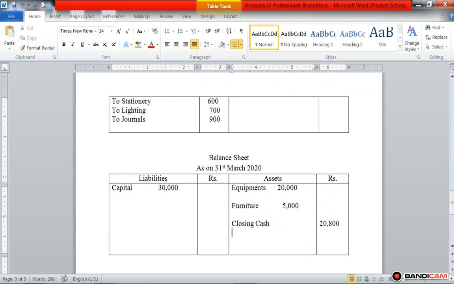Okay, because it is a current asset, outstanding visiting fees, amounted rupees 4,000.